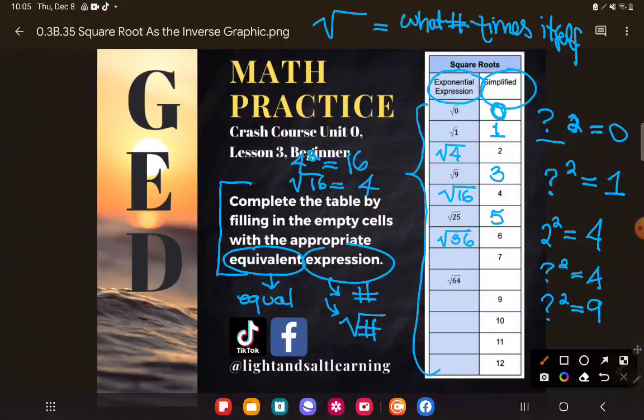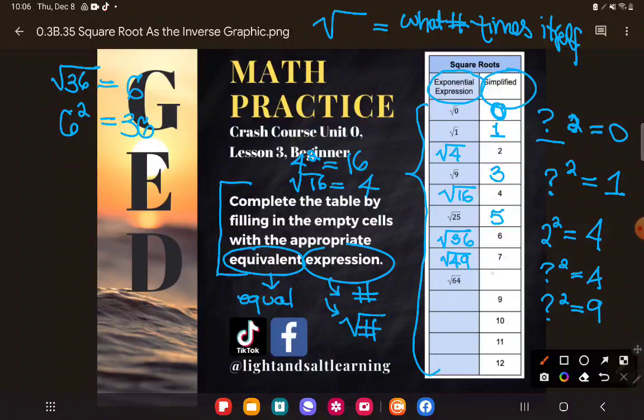The square root of 36 is 6 because I can flip that around on its head. 6 squared gives me 36. All right, so same thing here. What square root would give me 7? Well, it'd be the square root of 49 because 7 times itself is 49.